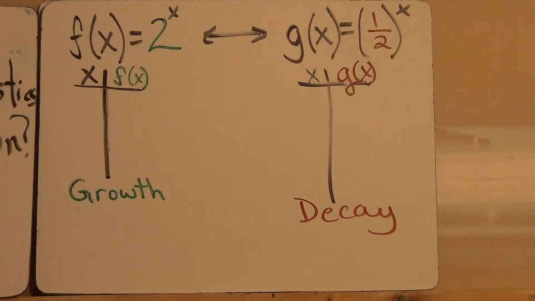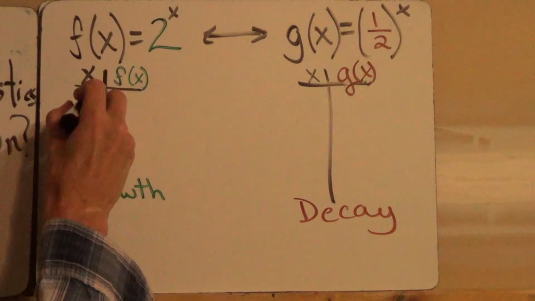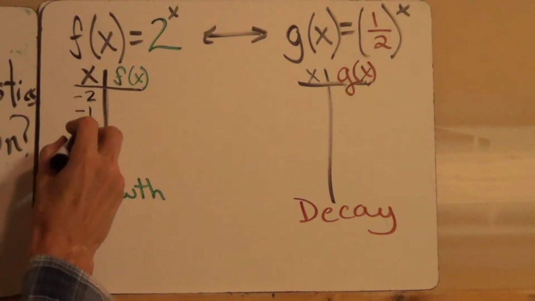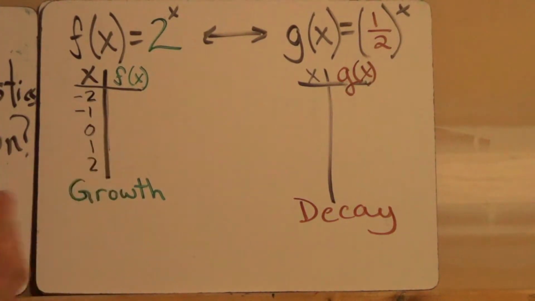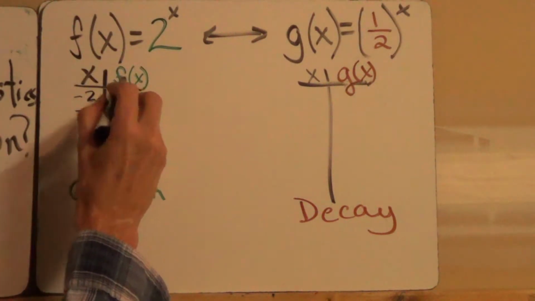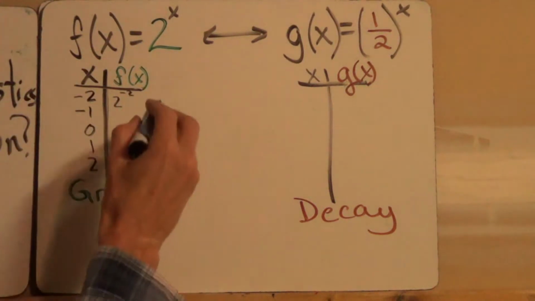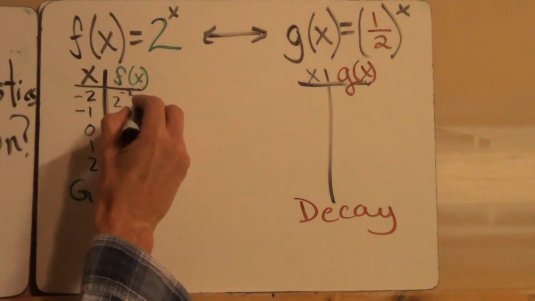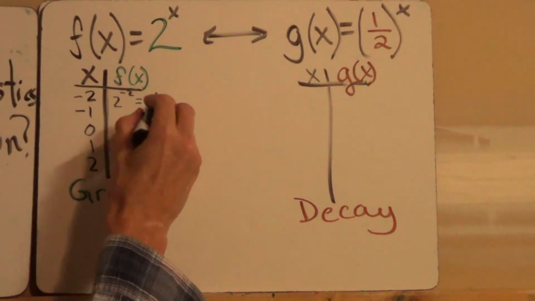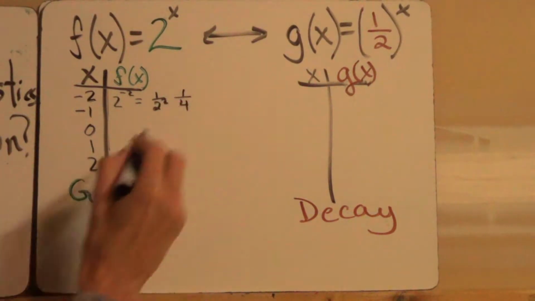Now I want to look at what happens here. Let's plug in some values and just get these graphs kind of formed. So if we have a -2, a -1, a 0, 1, and 2. So what's happening here, we put 2 to the -2nd. If you remember exponents, the negative needs to go on the other side of the fraction, the negative exponent item, so that would become a 1/2 squared, which would be a 1/4.